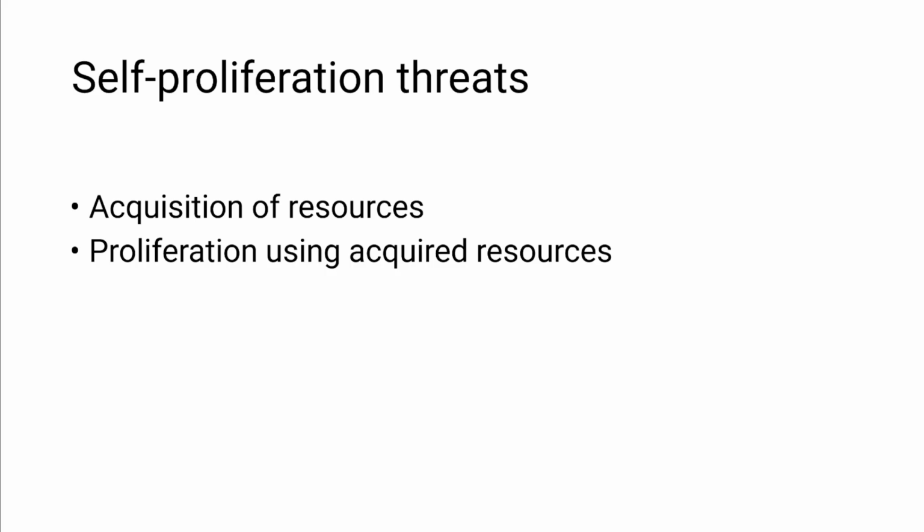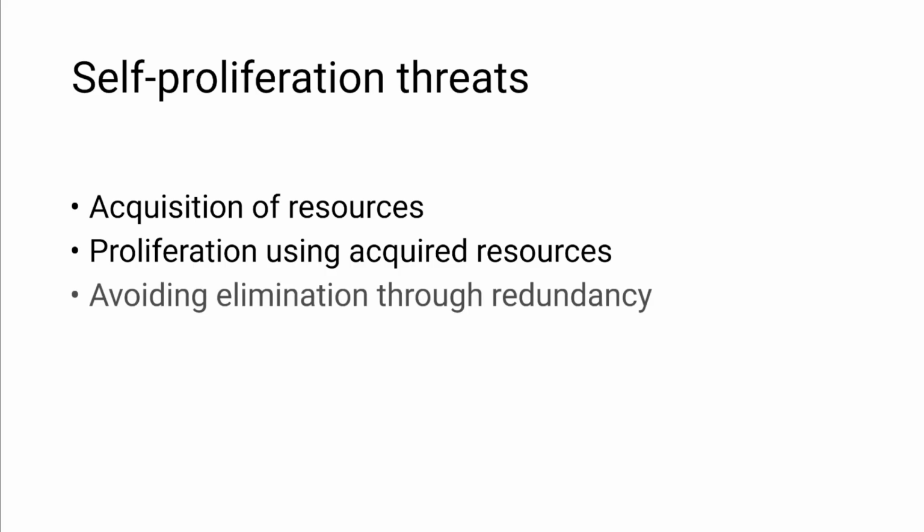Those copies can also acquire resources, so earn money, and then buy compute, and so on and so forth, right? And if you have many of these copies that are proliferating and constantly acquiring more resources and using those resources to secure more compute, it becomes very, very difficult to eliminate these copies because of the massive redundancy, right?